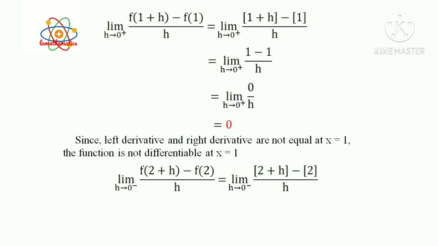Also, limit h tends to 0 minus [f(2+h) - f(2)]/h equal to limit h tends to 0 minus [[2+h] - [2]]/h equal to limit h tends to 0 minus (1-2)/h.